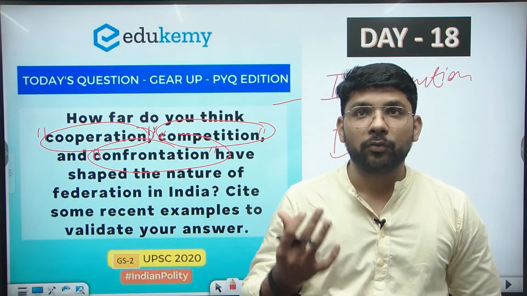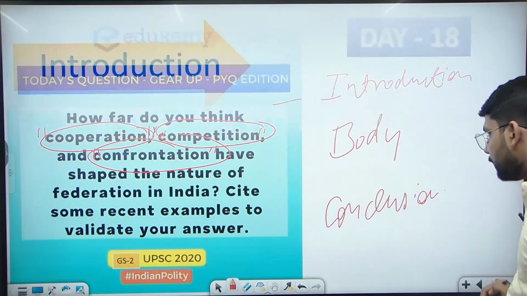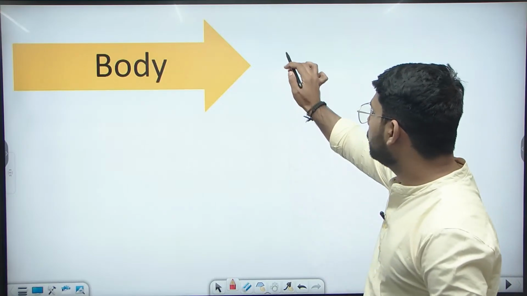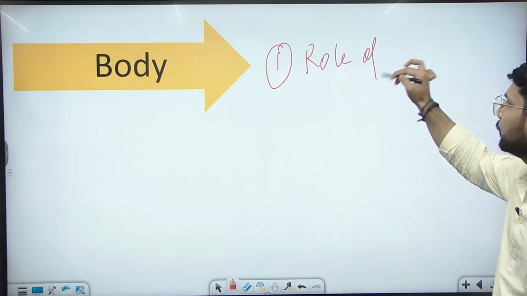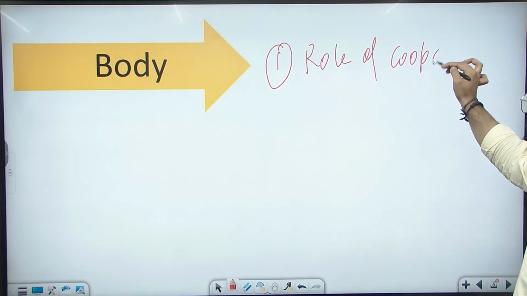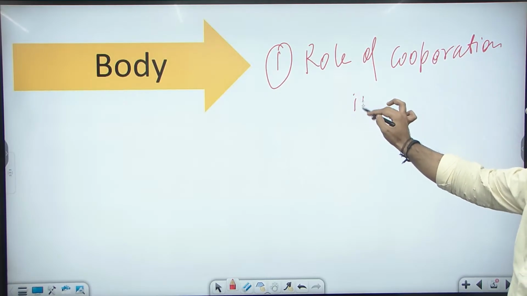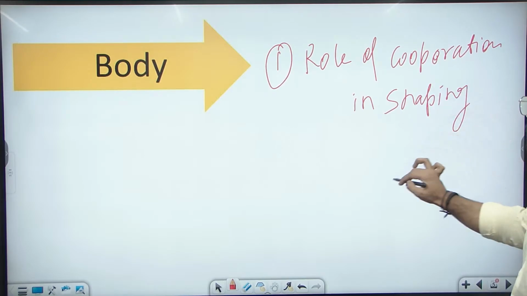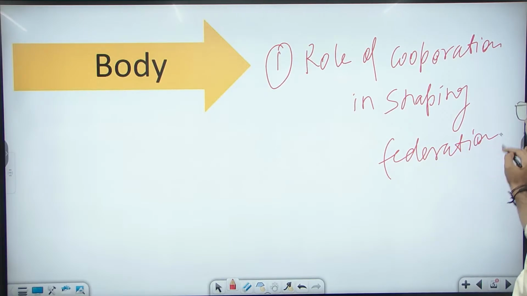Now, what is the requirement in the body part? In the body, we need to write, number one, the role of cooperation in shaping federation or federalism.